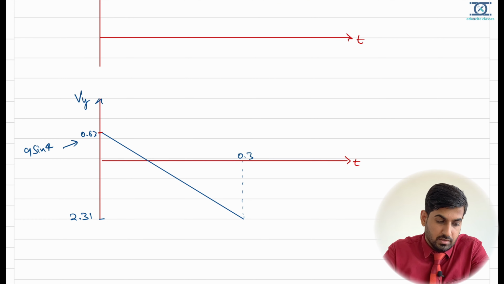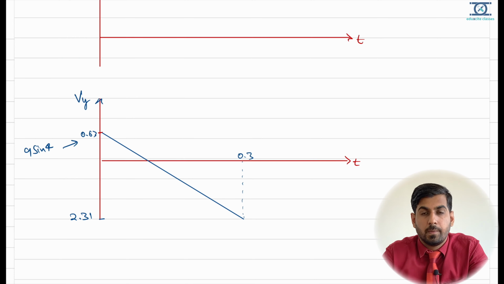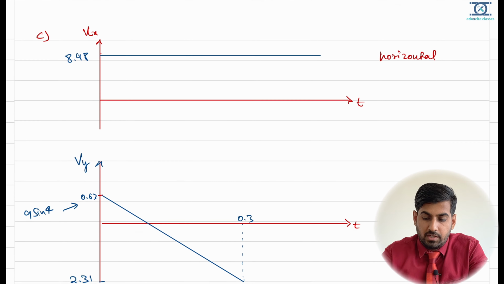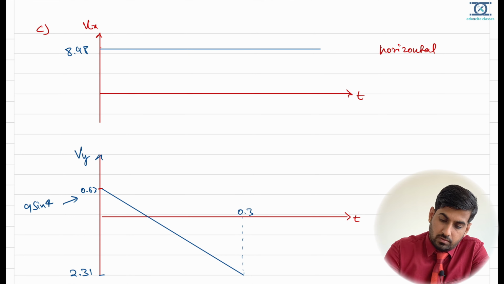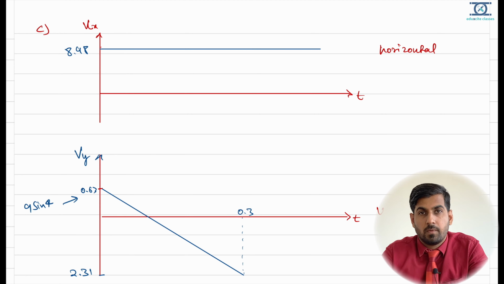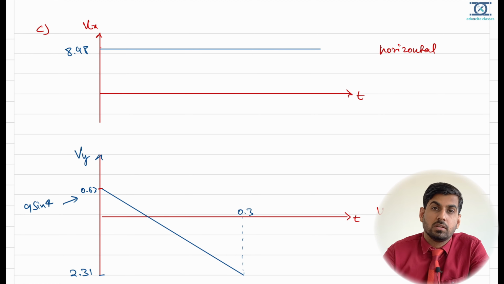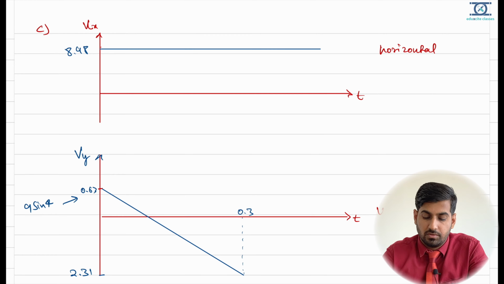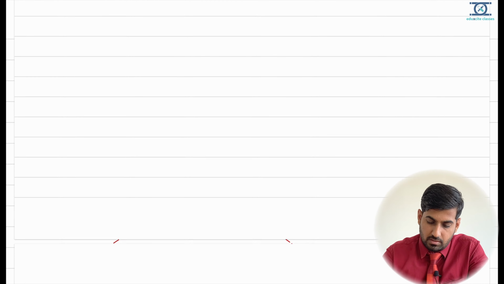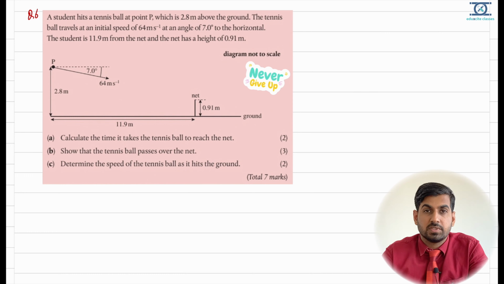So this will be the sketch for your vertical velocity with respect to time. If you have any doubt for the horizontal or the vertical component, just let me know. It will be a straight line because the acceleration is constant due to gravity, 9.8. Now try question number 6. Pause the video and solve.